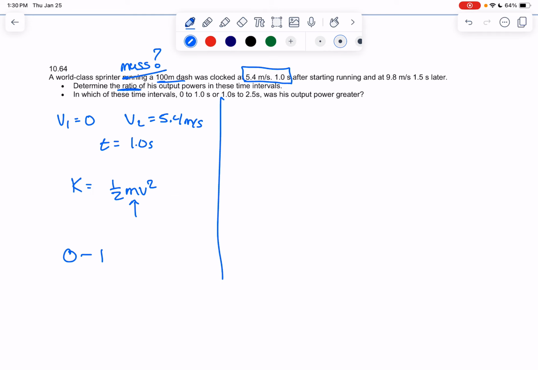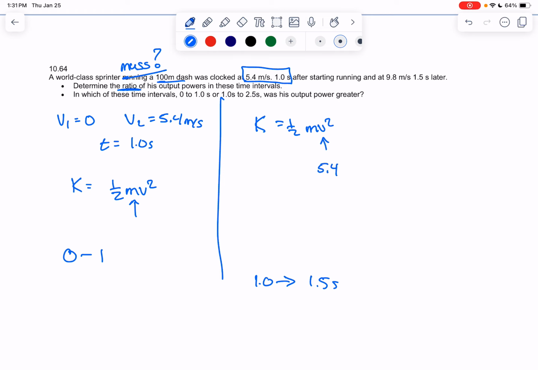For 1.0 to 1.5 seconds, you have to calculate the difference. So you've got the kinetic energy at the beginning, which is 1/2 mv squared, where the v is 5.4.